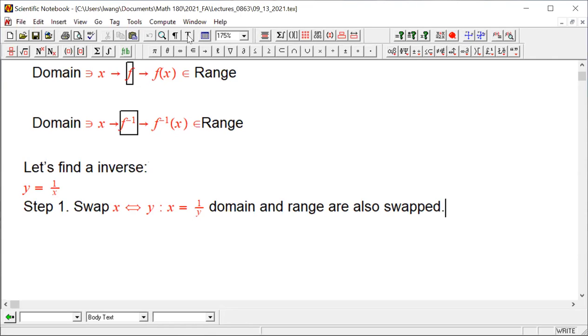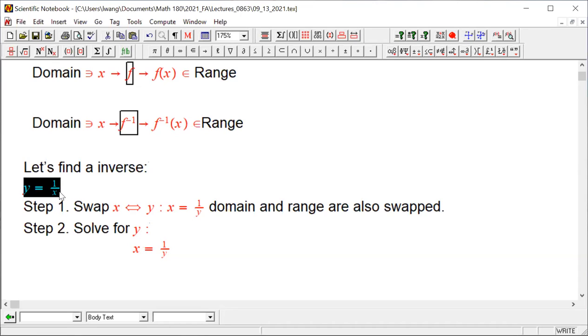Step 2. Solve for y. How do we solve for y in this case? All of these operations we work with are in the proper domain.